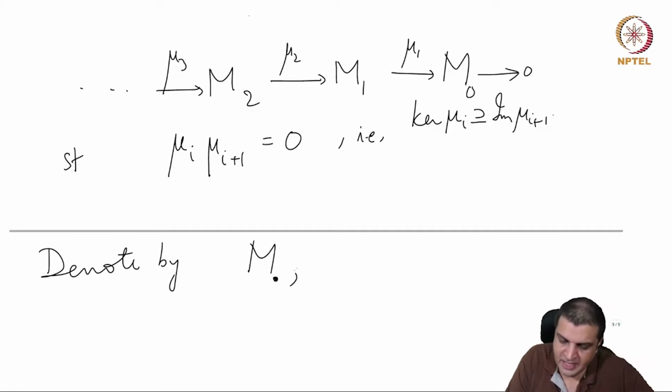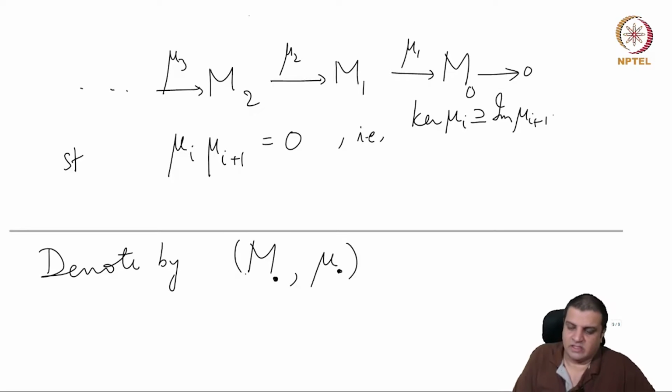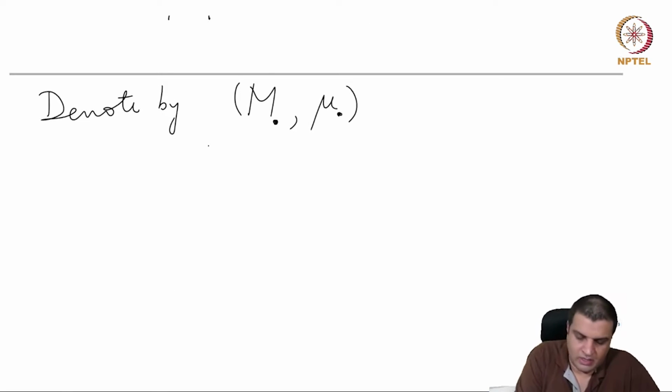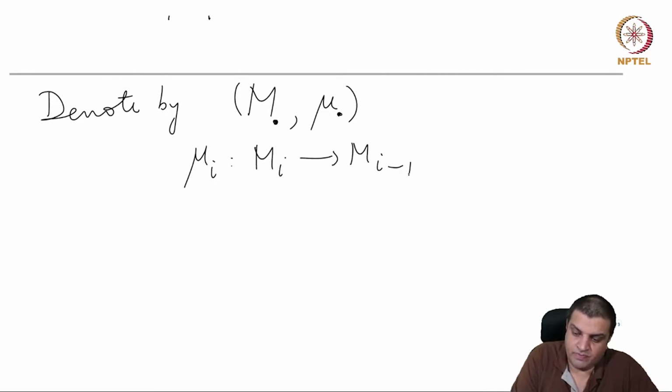And if we need to specify the map, sometimes we will also denote it by this, otherwise we'll just say M. Remember that our convention is that mu I is the map from M I to M I minus 1, and these are our linear maps.